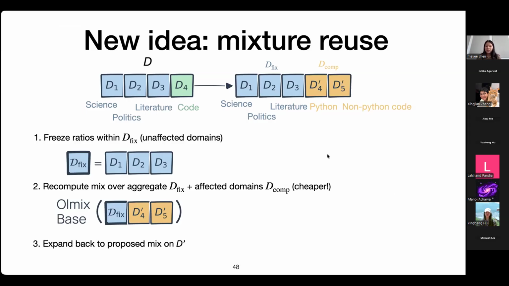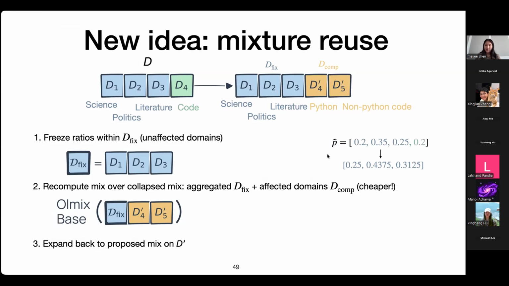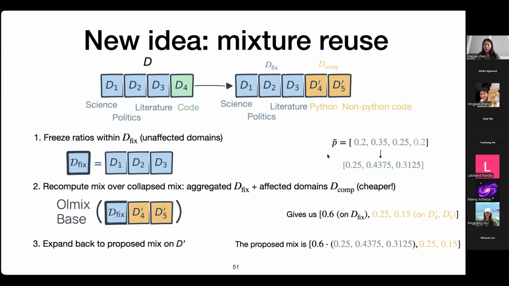And then finally, once we've learned the mix on 3 domains, we're going to use the frozen ratios to expand the learned mix back to D prime. So let's look at a quick example. Recall that here was our p tilde as well as the normalized ratios within dfix from before. And let's suppose that this second step of recomputation gives us a mix of 0.6 on the entire dfix virtual domain and 0.25 and 0.15 on Python and non-Python.